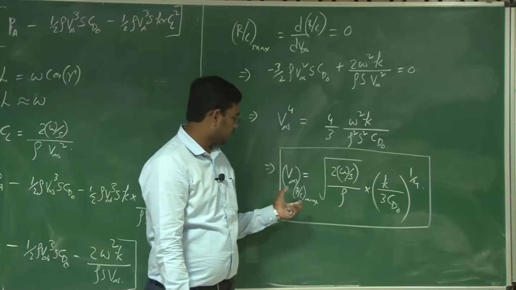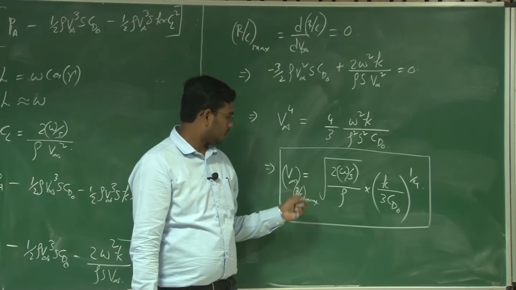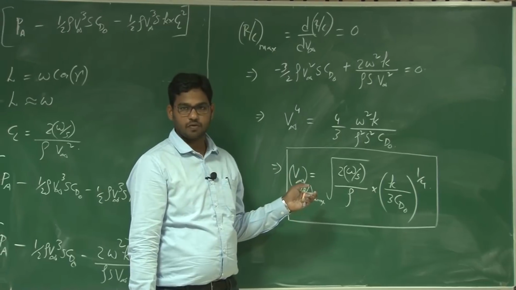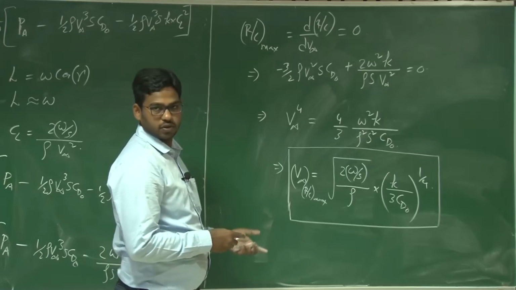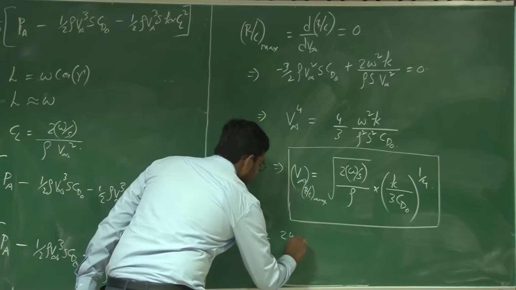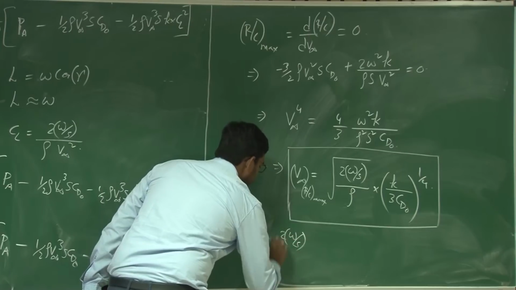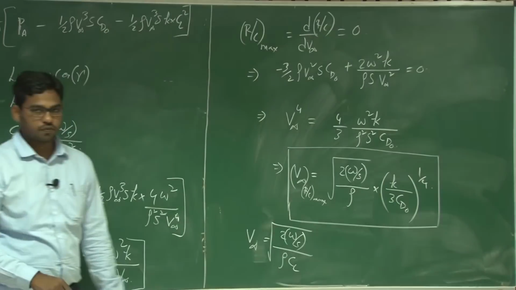Do you remember this equation? So, what is in general velocity during the flight, either climb or cruise? Let us say in cruise. The corresponding velocity of flight will be square root of twice the wing loading by rho into the corresponding CL of flight.